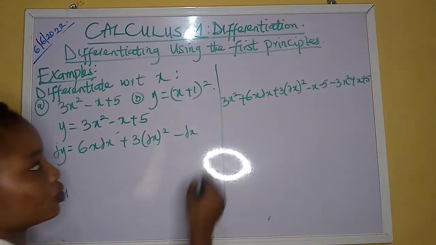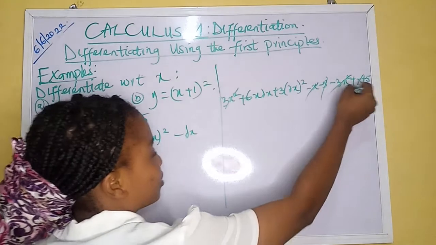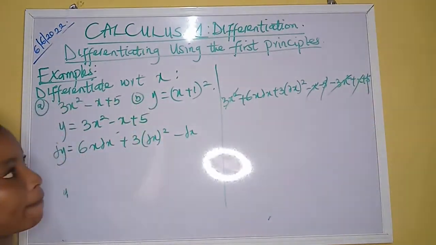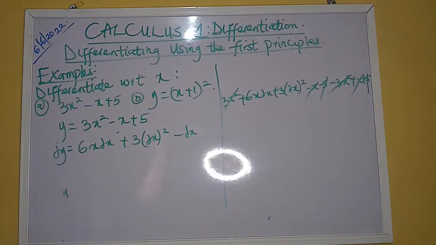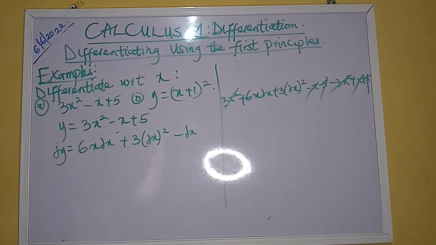So the next thing to do there: this cancelled out, this cancelled out, this cancelled out. So therefore we have 6x dx plus 3 dx squared minus dx.